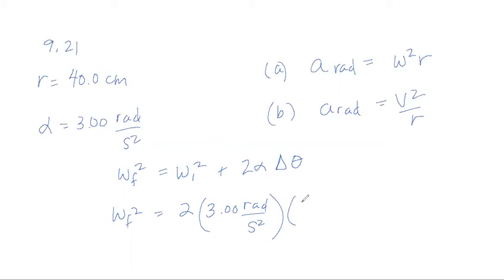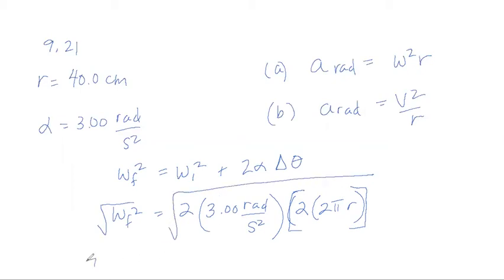Delta theta is 2 times 2 pi radians, because 2 pi is 1 revolution. We've got 2 revolutions. Taking the square root of both sides, I'm going to get omega final equal to 8.68 radians per second.